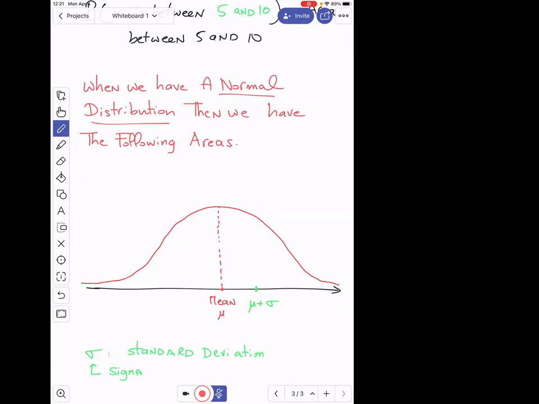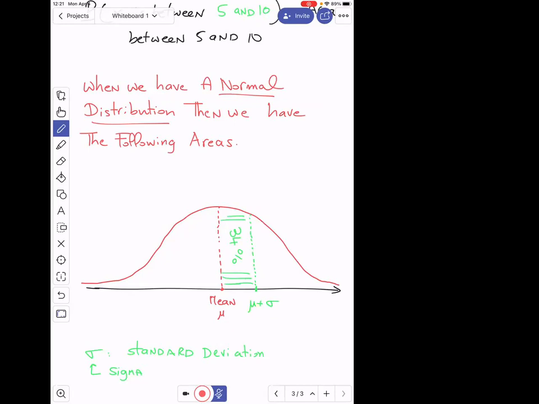Anyway, if you take the area between the mean and the mean plus the standard deviation, that's equal to actually 0.34 or 34%. So the area of this region between the mean, mu, and the mean plus sigma is 34%.